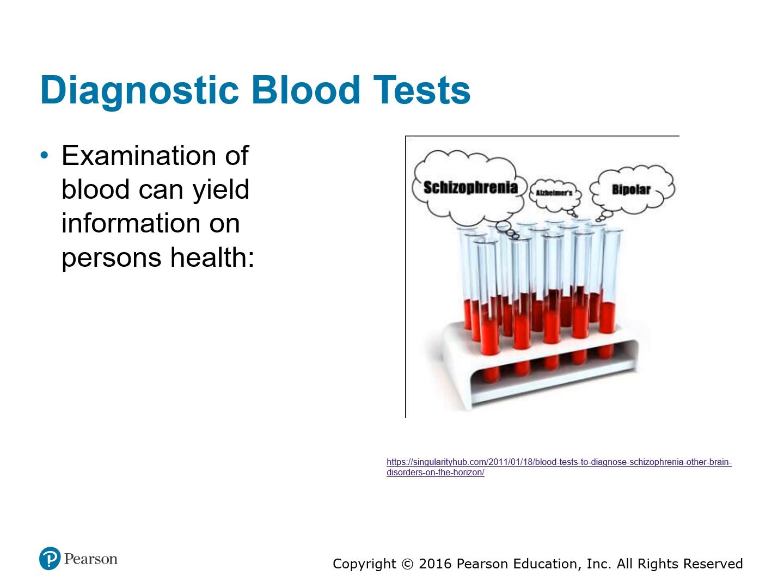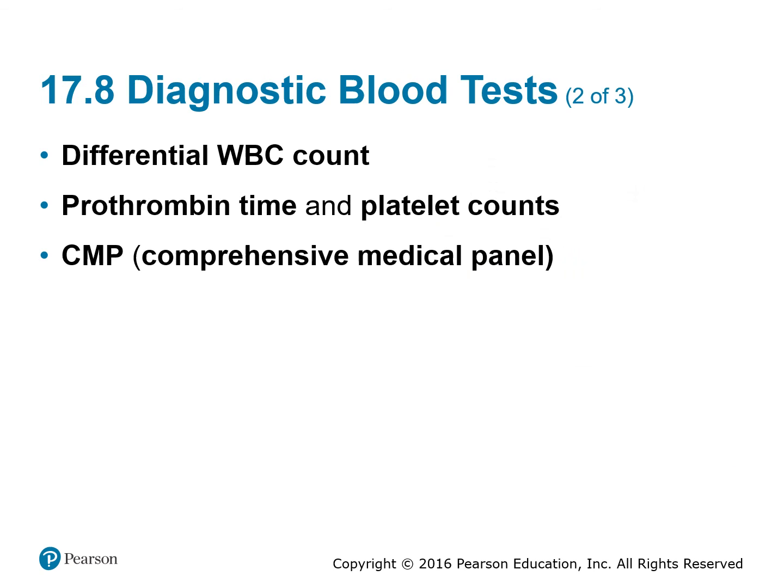Microscopic examination of the blood can reveal any variations in size or shape of the red blood cells. If you see an abnormal size or shape or color, this could indicate anemia. If you see the sickling, you could begin to diagnose sickle cell anemia. So diagnostic blood tests do tell a lot.